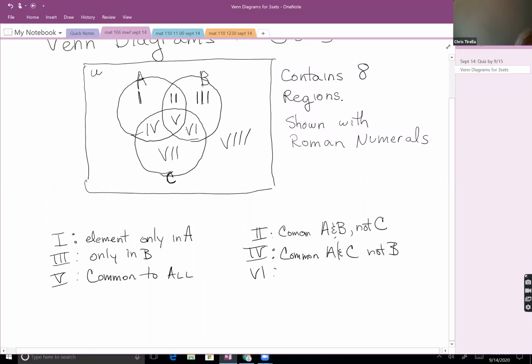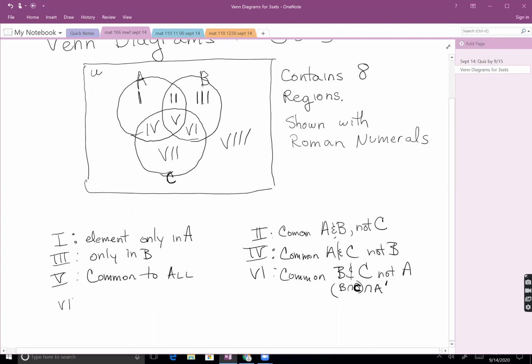Over here, B and C. Common to B and C, but not A. Can I look at that symbolically as B intersects C? And outside of A, wouldn't that be intersect A complement? Outside of A. That's the way we'd write that statement symbolically.